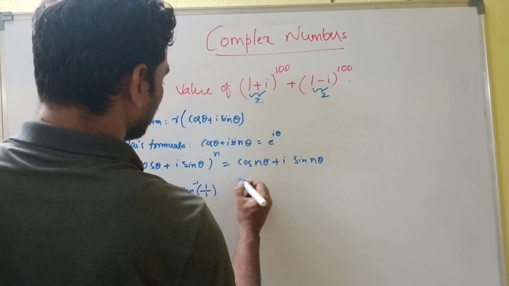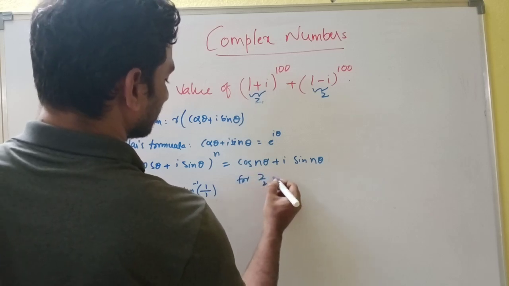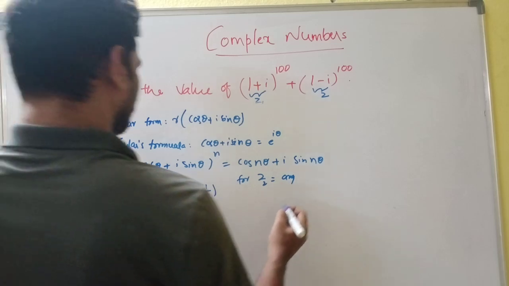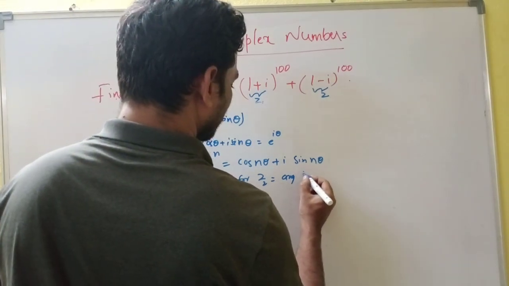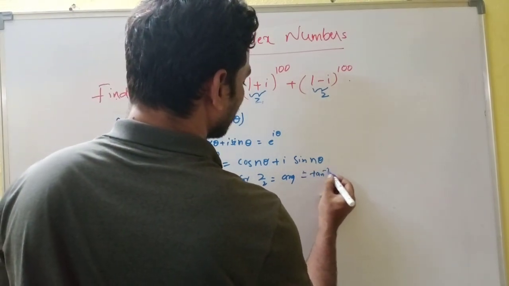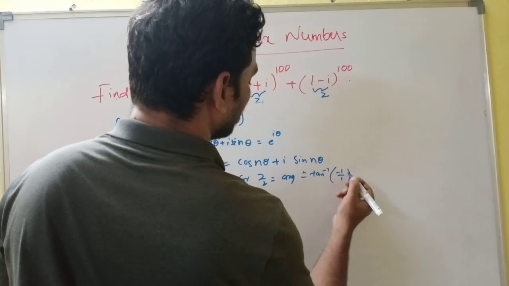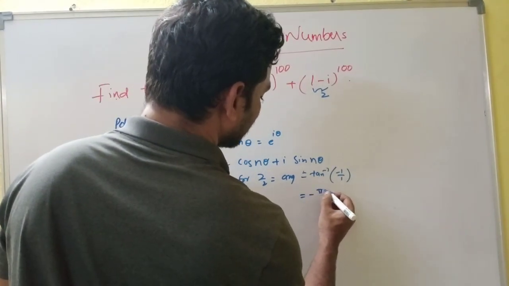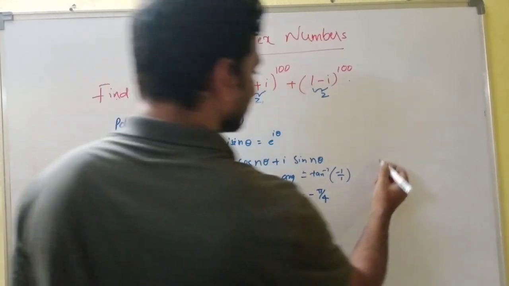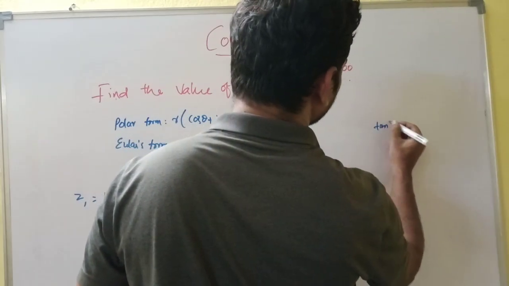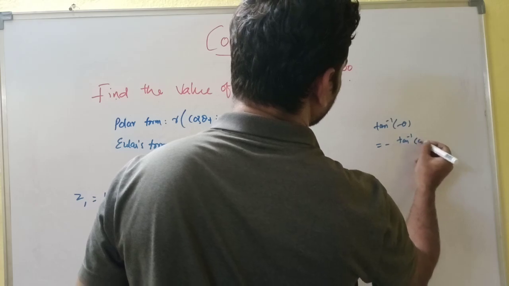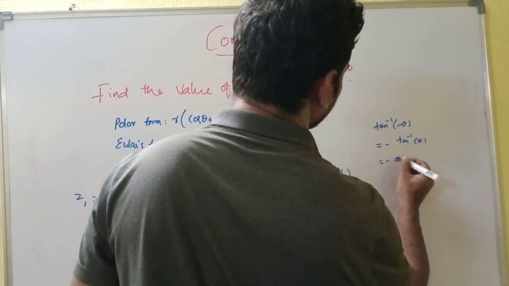Again for Z2, the argument equals tan inverse of minus 1 by 1. B is minus 1, A is 1, so it equals minus pi by 4. As I said, tan inverse of minus theta equals minus tan inverse theta.